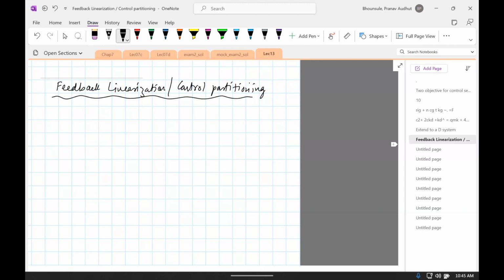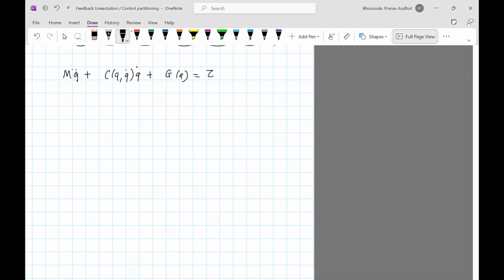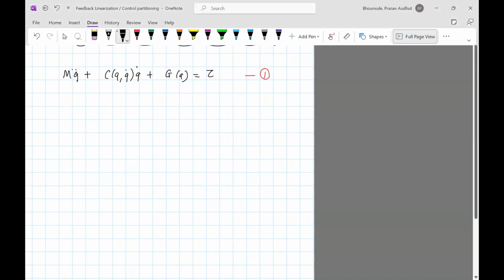Okay, so let's look at the equation of a manipulator. I'm not going to assume it is 1, 2 or 3 dimensions; I'm just going to make it an n-dimensional equation. So let's take M(q) q double dot plus C(q, q dot) q dot plus G(q) equals tau. This is my equation of a manipulator, which I wrote down earlier.